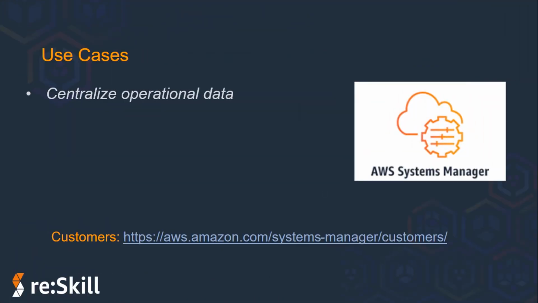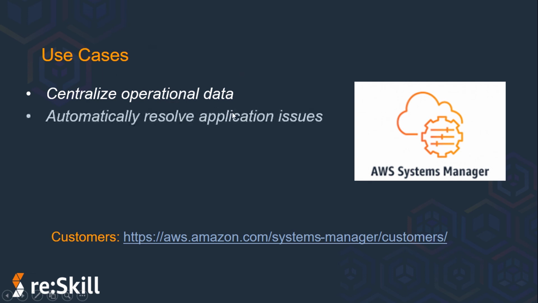We can use this to aggregate the data in a single console and gain actionable insights across the AWS services such as CloudWatch, CloudTrail, and Config as well, and even third-party tools. So this way the operational data can be centralized. Also, we can leverage the operational data to easily manage the applications and identify issues quickly across the associated AWS resource groups.